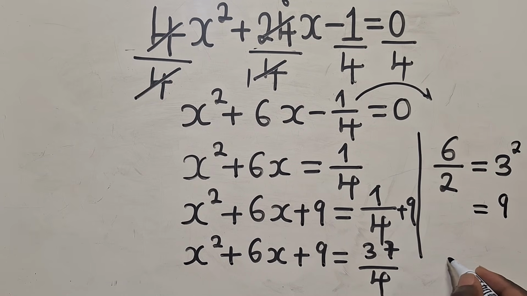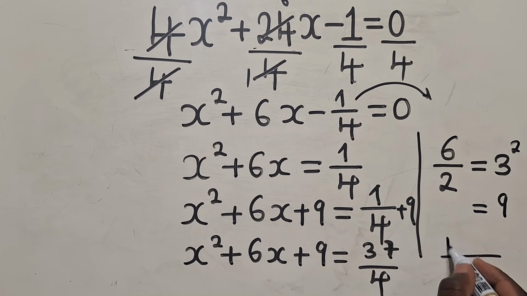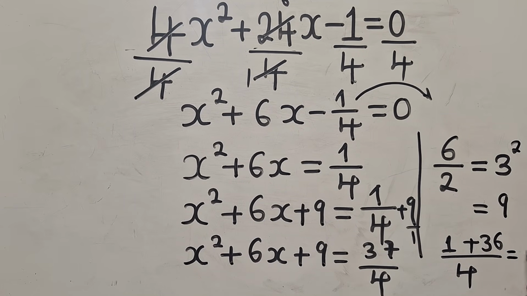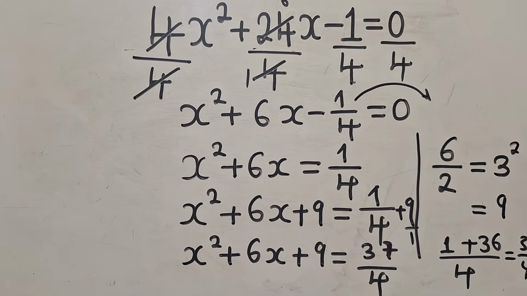So just find the lowest common denominator, which is a 4. So 4 into 4, it's 1. 1 times 1, it will give us a 1. Down here, there is a 1. 1 into 4, it's a 4. 4 times 9 will give us a 36. When you add 1 plus 36, it will give you a 37 over a 4 down here. And this is how I got this.